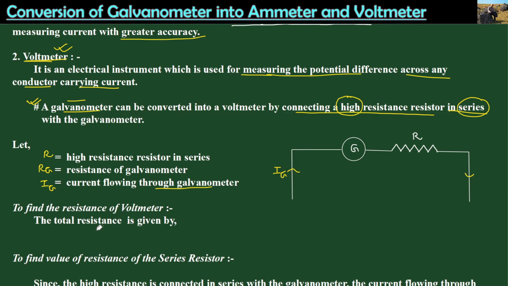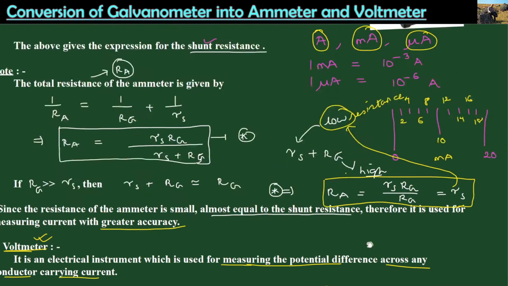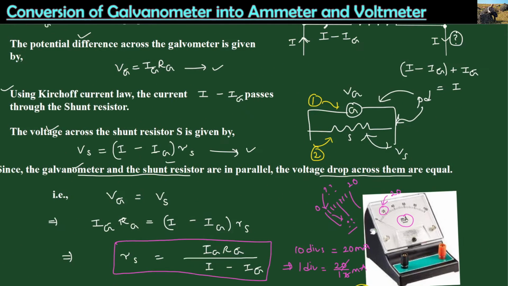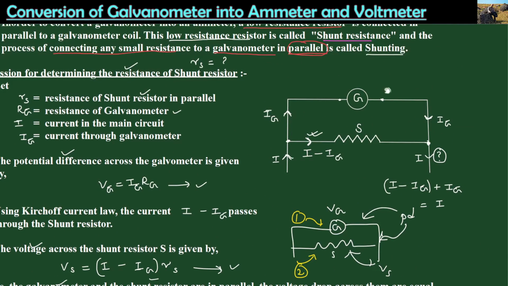Then from here, how will you find the total resistance? Over here, you know that this is the combination. This is the circuit diagram which makes a voltmeter. That means the voltmeter resembles this circuit diagram. What we have learned earlier, the circuit diagram we noted down over here, is equivalent to the circuit diagram of an ammeter.